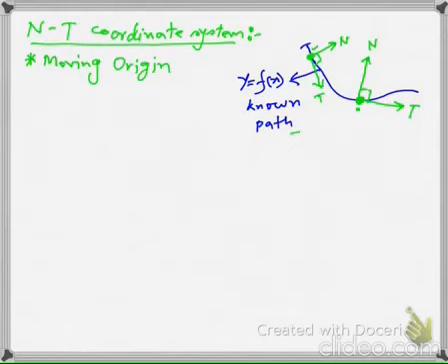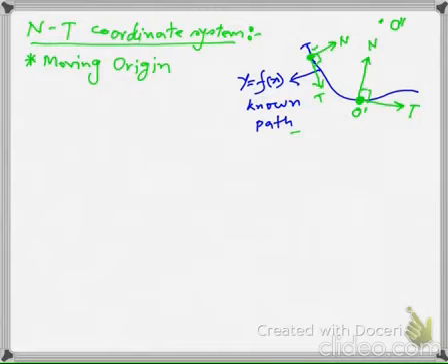In every position, if it's a curving path and you have a particle here, there is always a point we call the center of curvature. We can call it origin double prime, and this could be the origin prime, which is the origin of the coordinate system, and the center of the curvature.